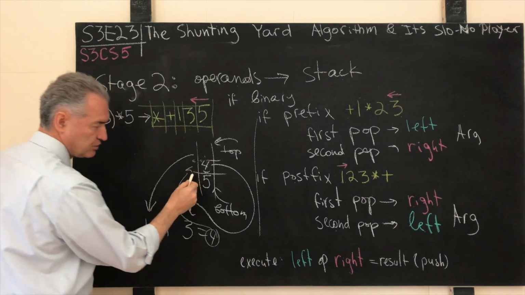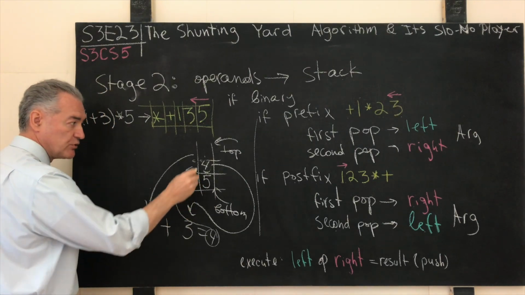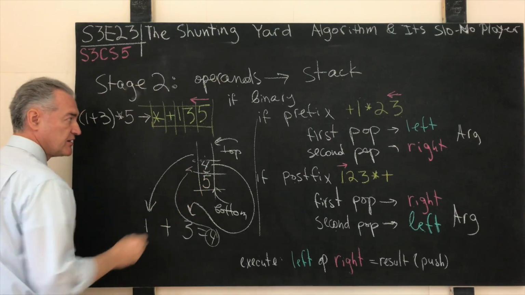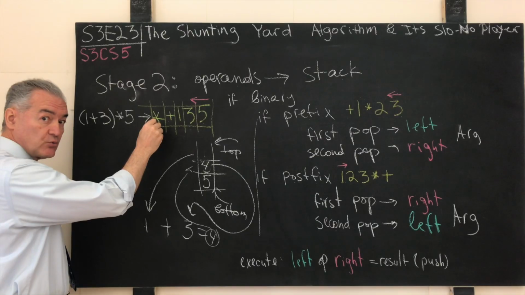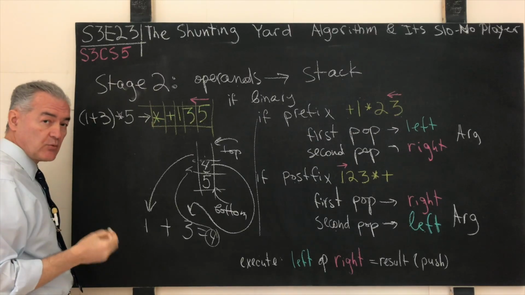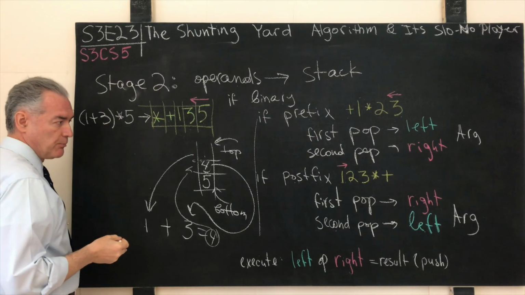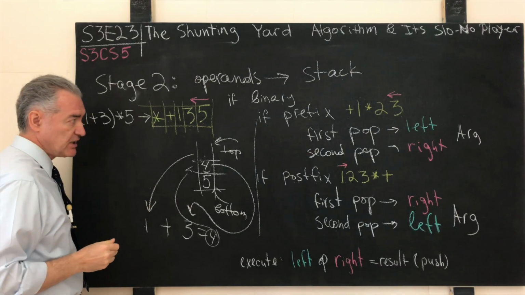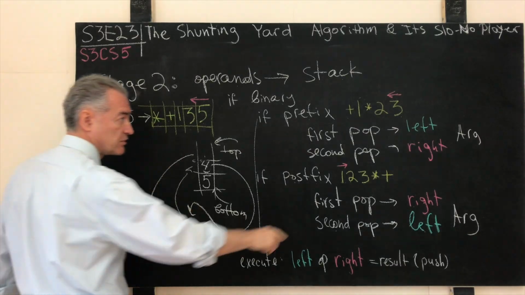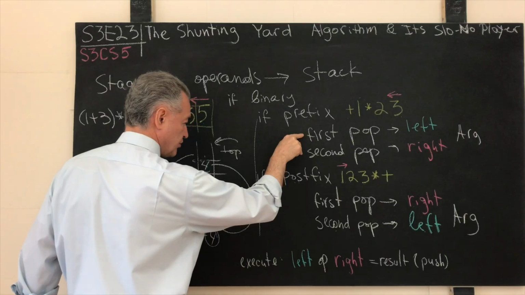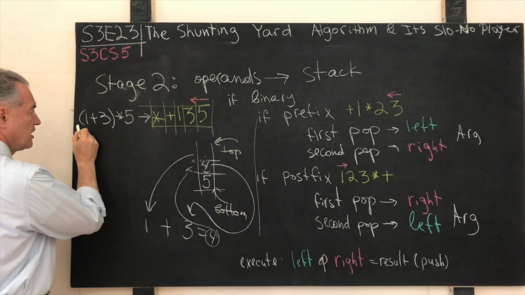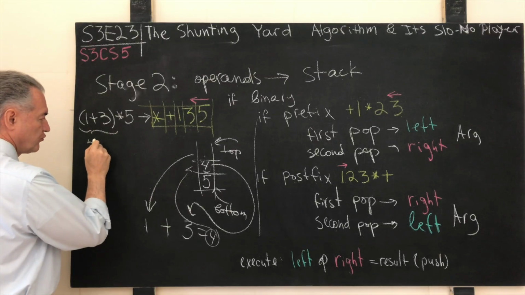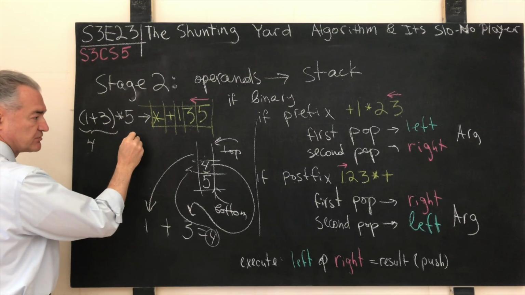Our stack looks as follows at the moment: 4 at top, 5 at the bottom. The next token is an operator. What type of an operator? Binary. How many arguments do we need to pop off the argument stack for the binary operator? 2. Remember again our template. The first pop produces the left argument, the second pop produces the right argument. So technically 4 is the left argument, 5 is the right argument.